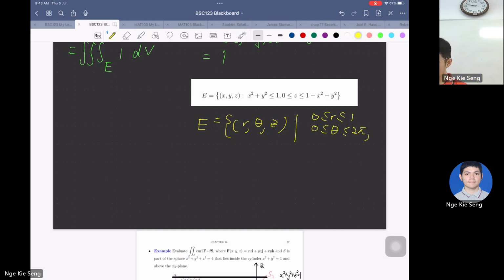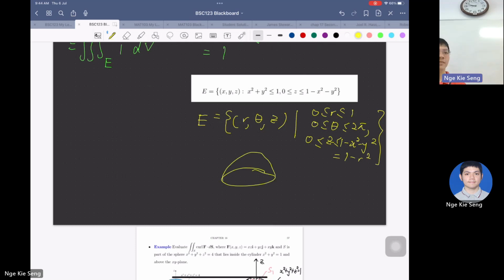And z is 0 to 1 minus x squared minus y squared, but in polar form, this is 1 minus r squared. I don't think we quite know the volume formula of this shape. This is not quite a sphere.